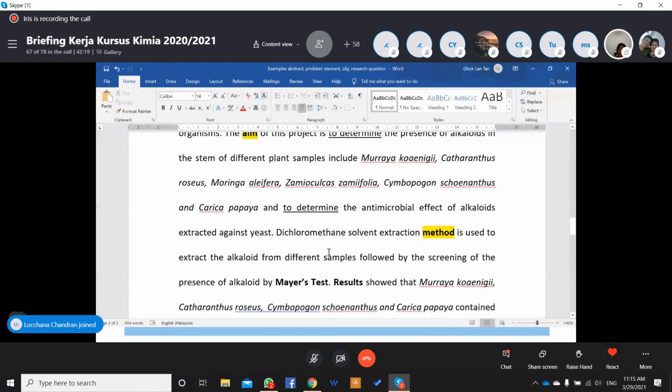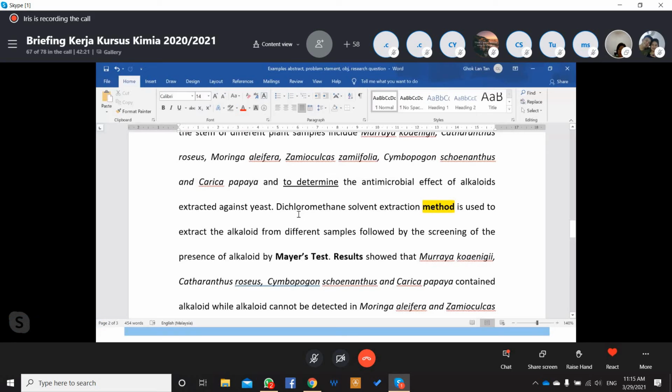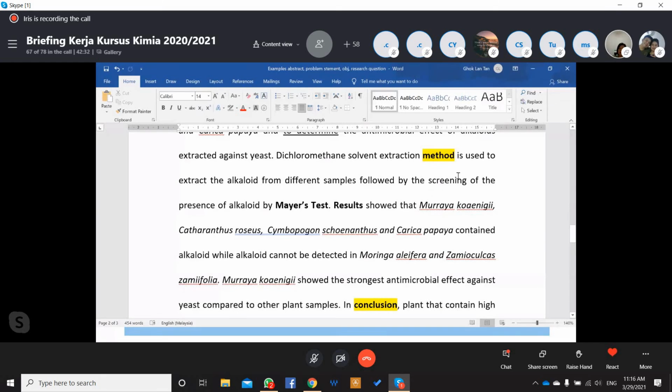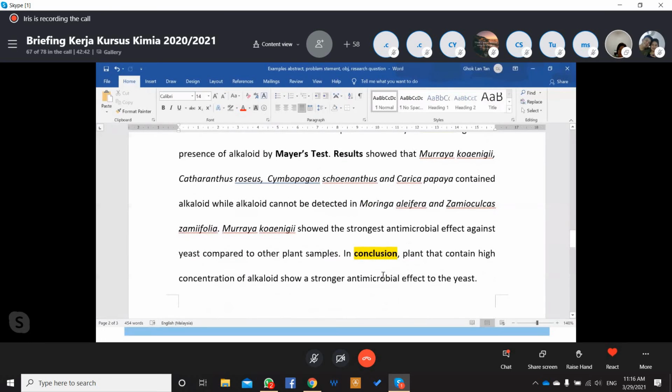So it has two aims. Okay, after you know the aim, what method is used? Solvent extraction to extract the alkaloid. And screening uses what? Screening uses the Mayer test. Okay, these are the two methods. After that, the result. The result shows what, and the conclusion makes another summary.